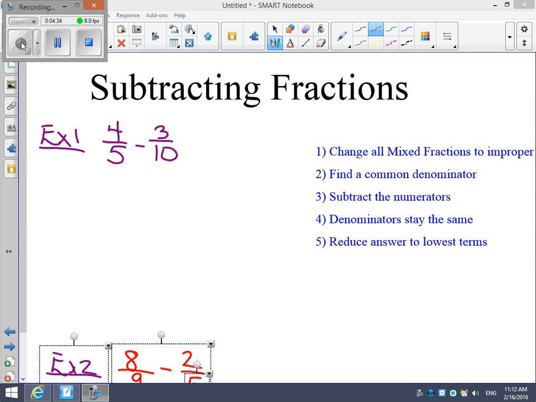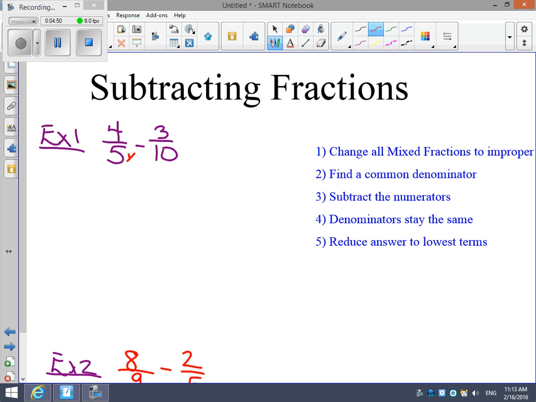So this time we're subtracting, and the difference is not much other than you're just subtracting. You still need to have the same common denominator. So we'll start this one. You have to find the common denominator between 5 and 10, which would be 10. So you times 5 by 2, 3, and 4 by 2, which equals 8/10.